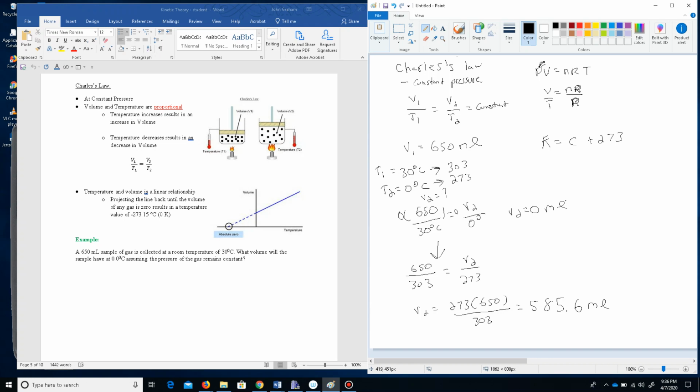So the volume is 0 milliliters, not the same as the volume here. This one's wrong because we cannot do that, and so we have to switch them to Kelvin.